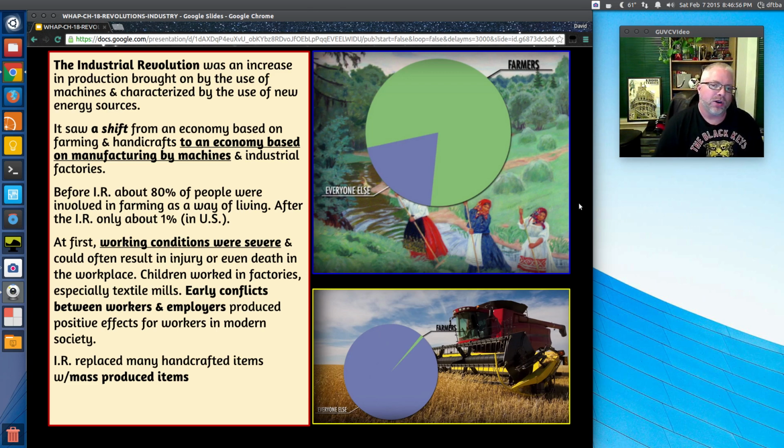So there's an early conflict between workers and industrialists and capitalists that, especially in the early days here, there's this battle between the people who own the means of production. We'll start talking more about that in chapter 22 with socialism and communism. But how much power should the working force have? They certainly outnumber the people in charge and the owners of these companies.